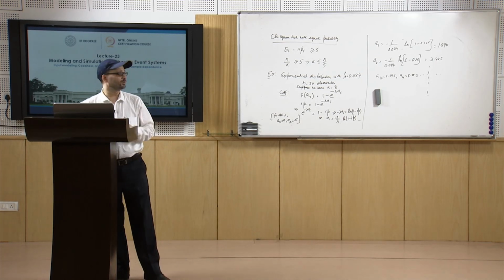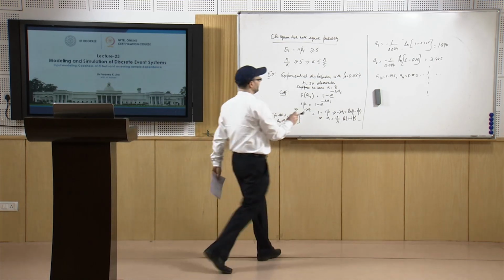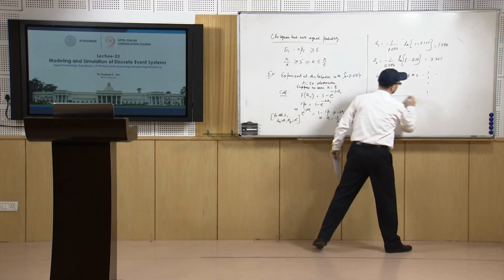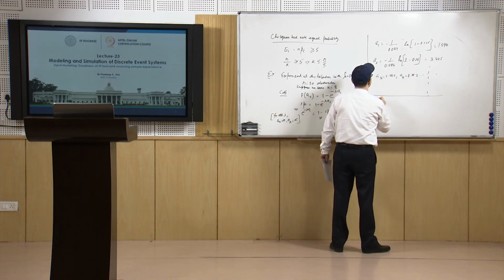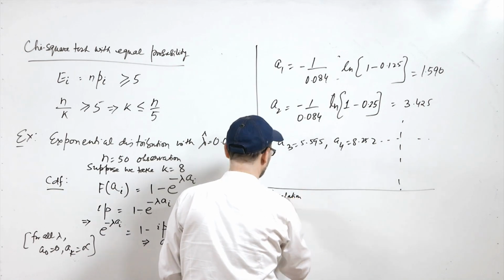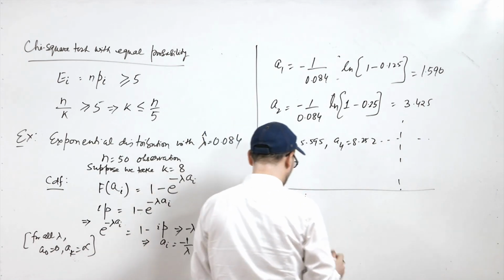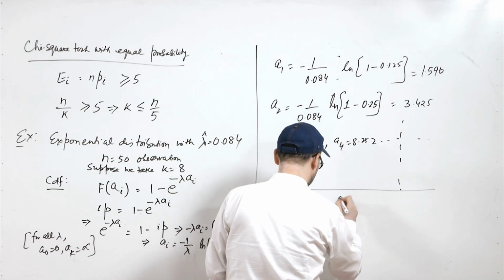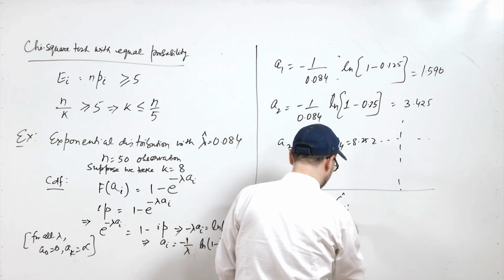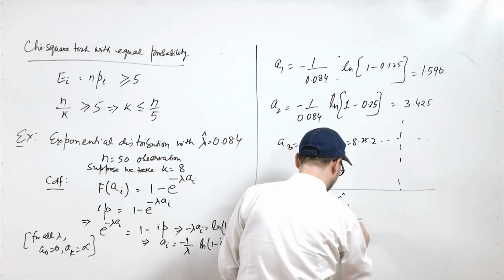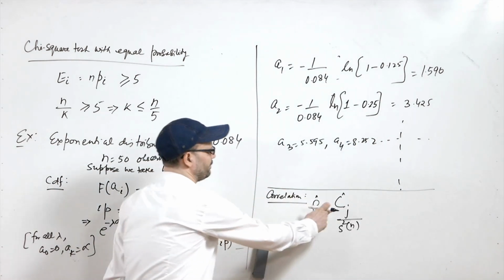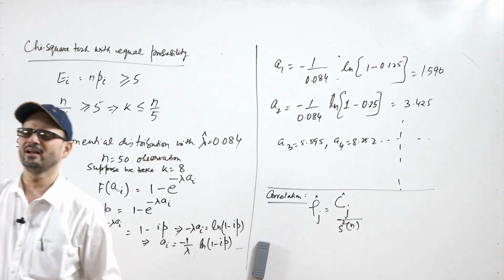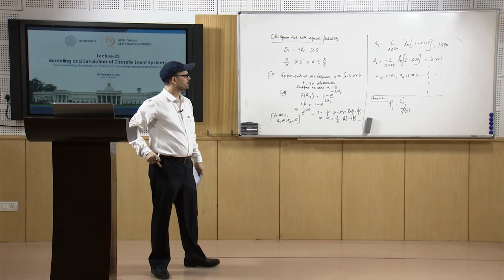So when we go for the correlation, we find rho j as Cj estimator divided by S square n. This is the covariance; we will discuss later how it is computed.